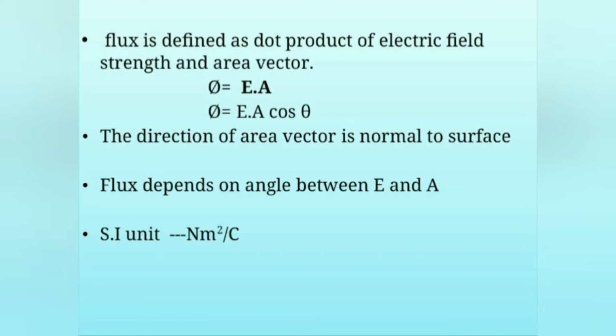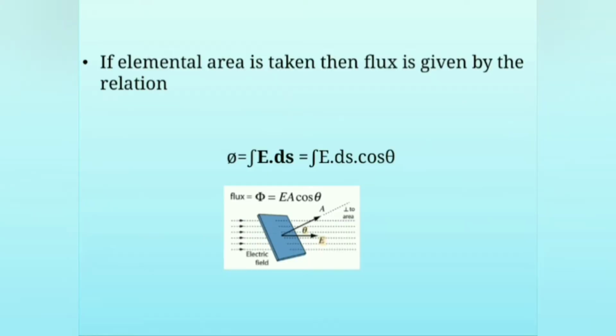We know area is a scalar quantity; we are giving a direction to it and making it into a vector to determine the electric flux. The direction of area vector is always taken as outward normal, and flux depends on the angle between E and A. SI unit is Newton meter square per coulomb.